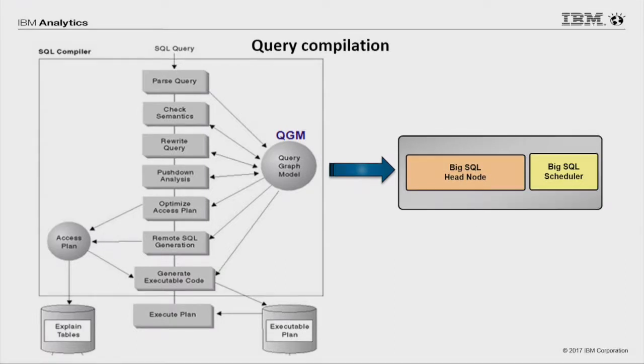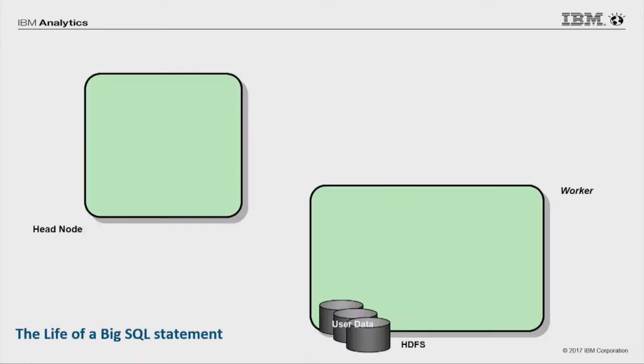And the optimizer then looks at a number of different possibilities in terms of how to most effectively execute your query going after that specific set of data at this particular point in time in your cluster. So the optimizer will go and pick the most optimal plan. And then we generate the executable code. And if you actually want to look at what your query looks like at the end of this processing, there are explain tables that will describe the actual query that gets executed.